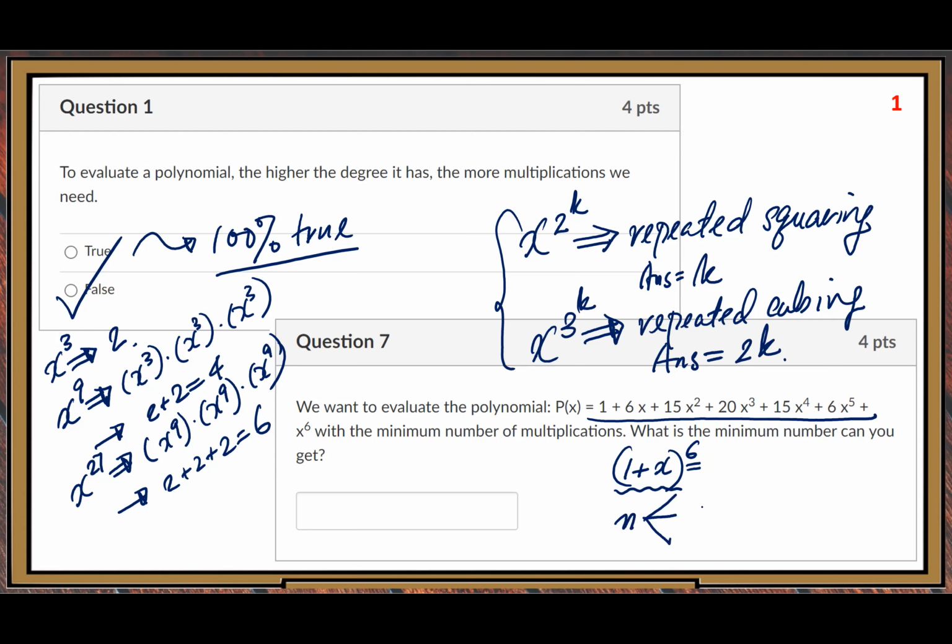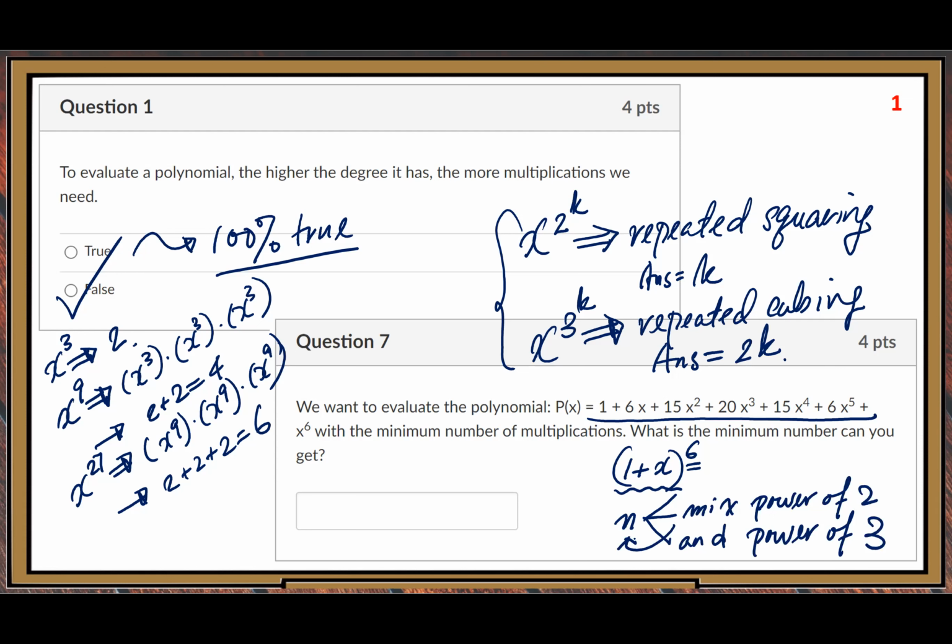We can mix power of 2 and power of 3 to represent that general n.